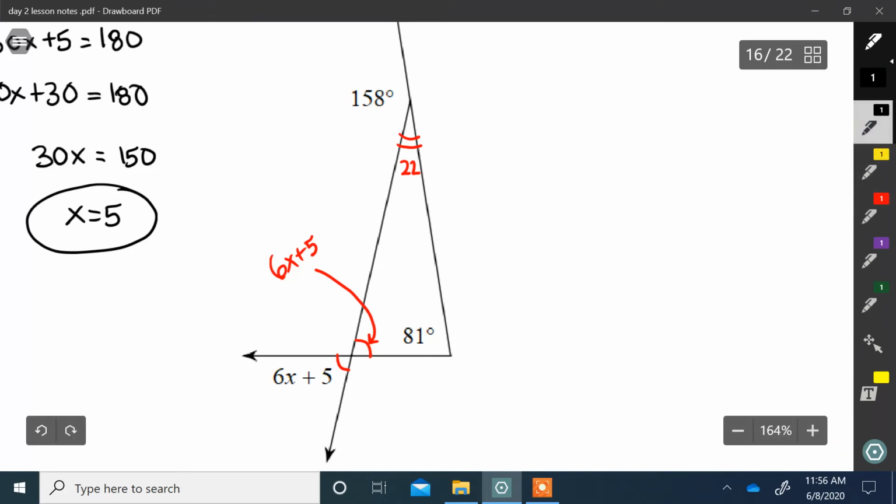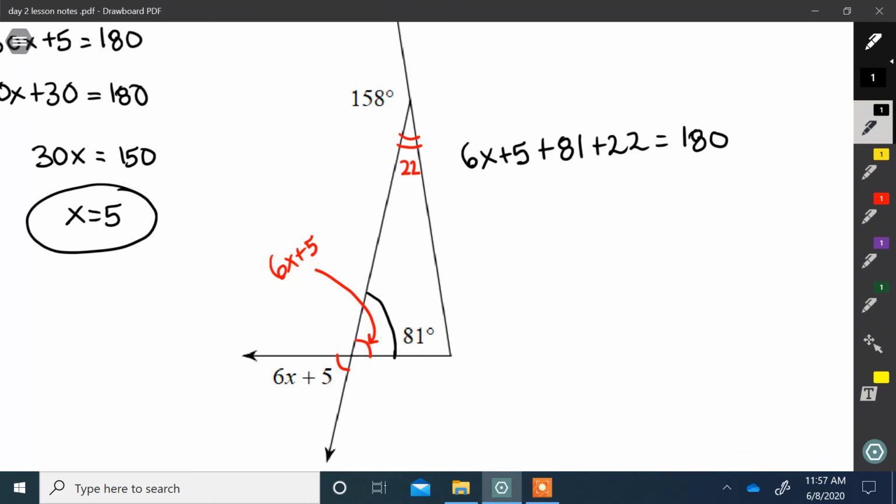So here's how we set up the problem. We have this angle right here, 6x plus 5 plus 81 plus 22, all of that is going to add up to 180 degrees. So let's add 5 plus 81 plus 22.